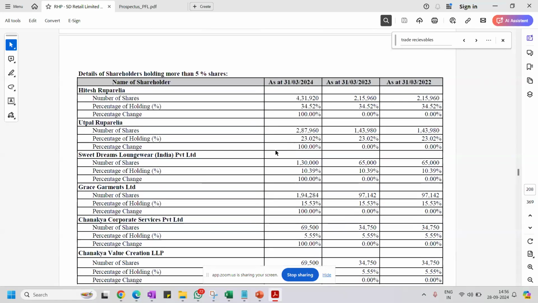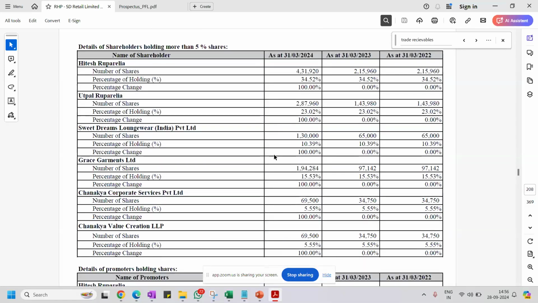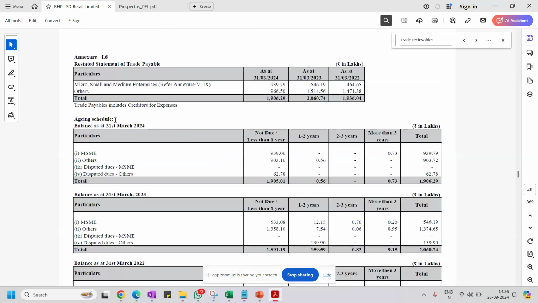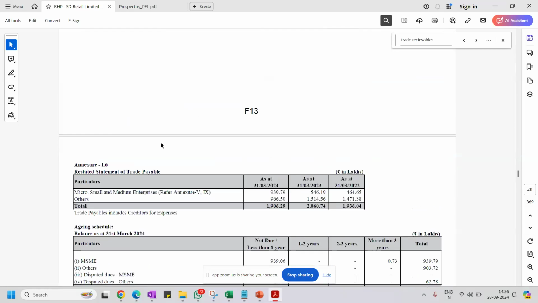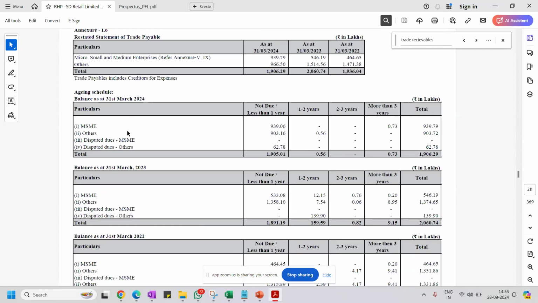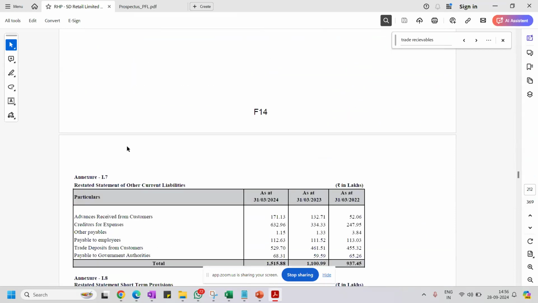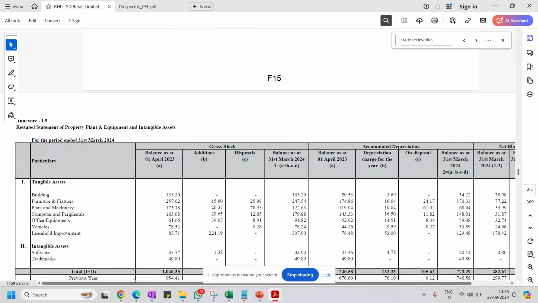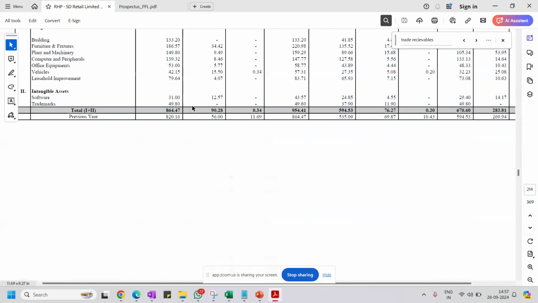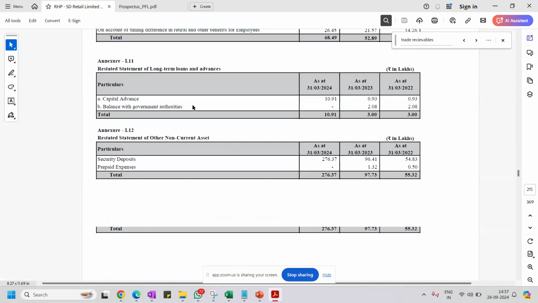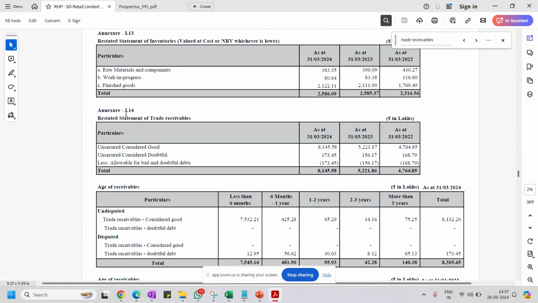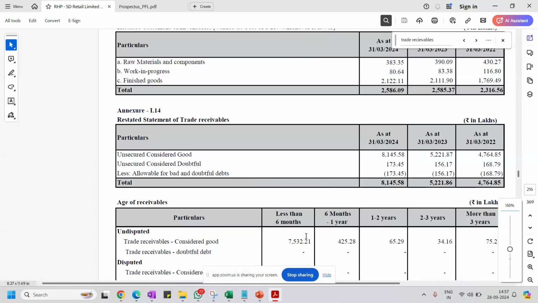How many are older, for more than 6 months, more than 1 year, and so forth. So this is a trade payable aging schedule, which you can see over here. Now we need to find the trade receivable aging schedule. Okay, over here. I'll just increase the screen a little bit so you can see this.